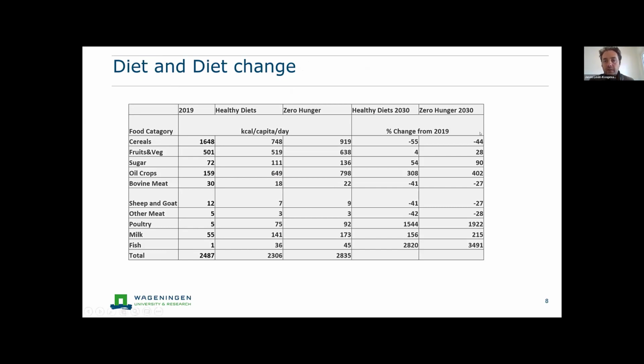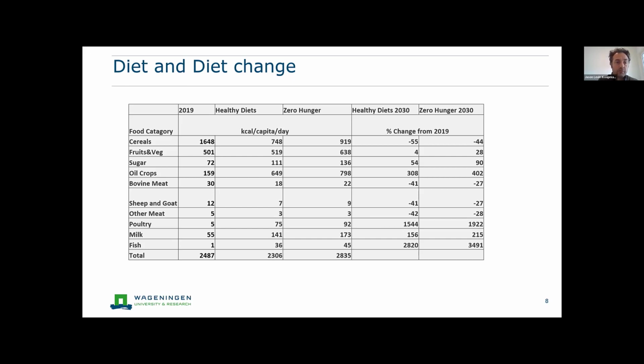So this is the actual shift that we are talking about. On the left-hand side of this table, we see the current consumption in 2019, and then what the consumption would be under the healthy diet scenario, and then everything is upscaled for the zero hunger scenario, moving from 2,300 to 2,800 kilocalories per capita per day, but with the same shares.